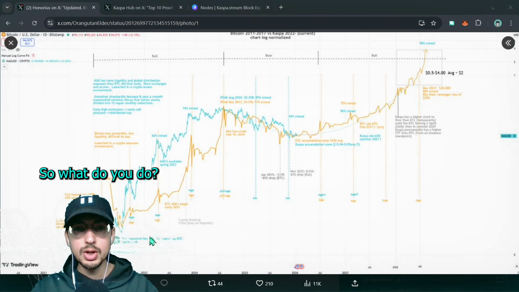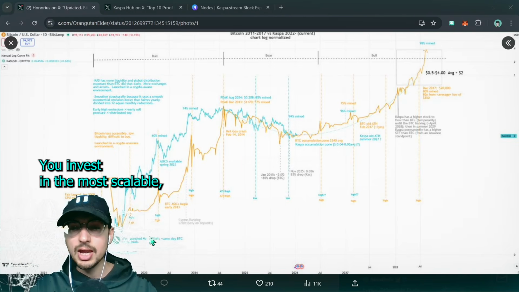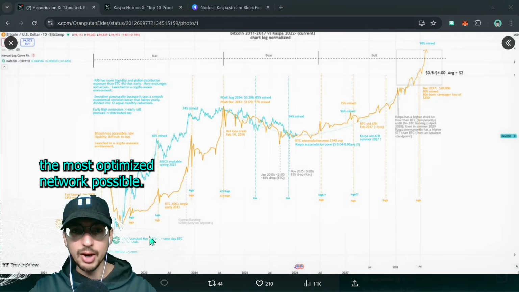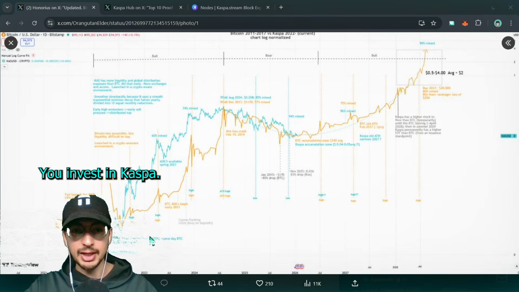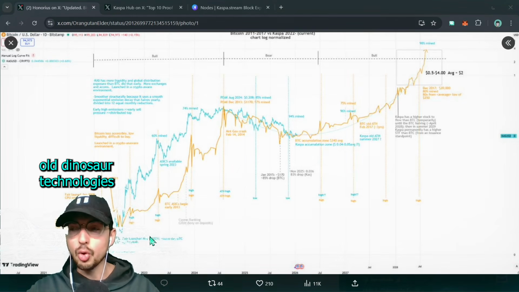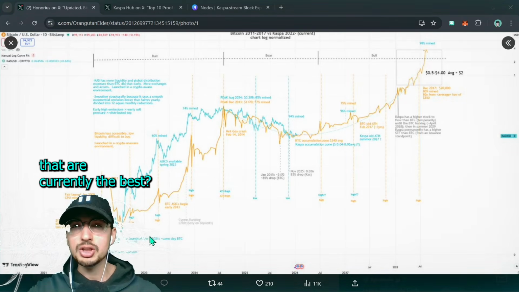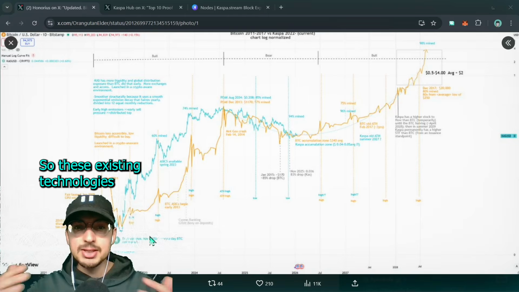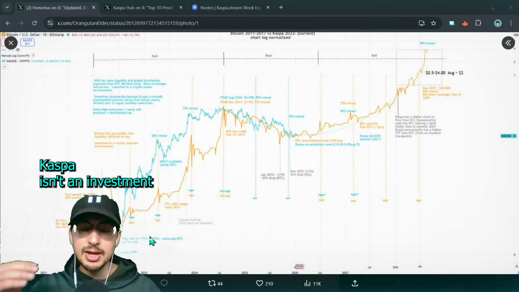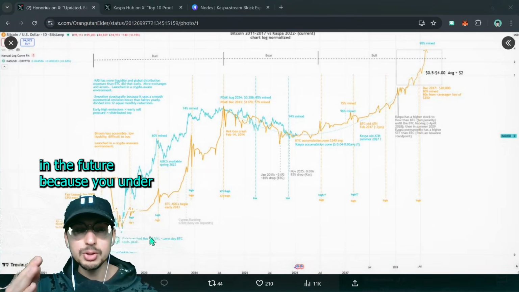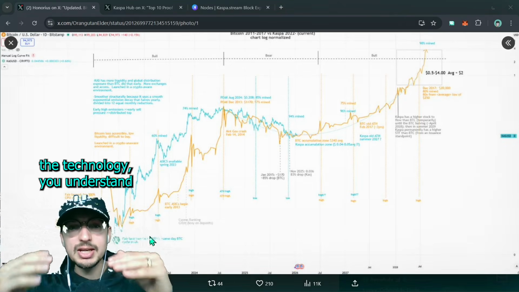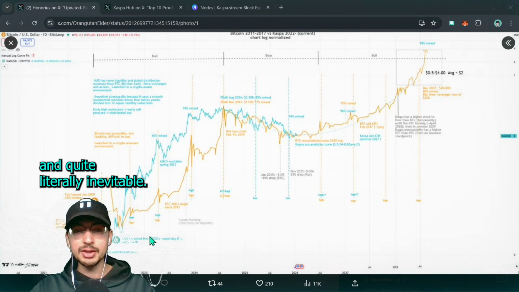So what do you do? You invest in the most scalable, the most optimized network possible. You invest in Kaspa. You don't invest in these old dinosaur technologies that are currently the best. These existing technologies are just what there is. Kaspa is an investment in the future because when you understand the technology, you understand the applications that will come from it. Quite literally inevitable.